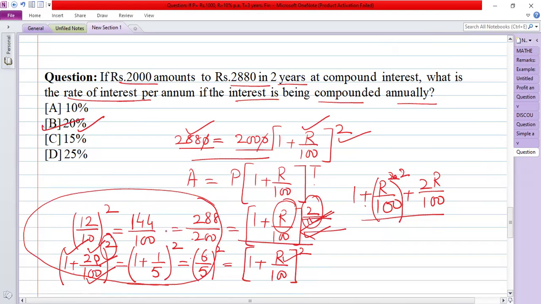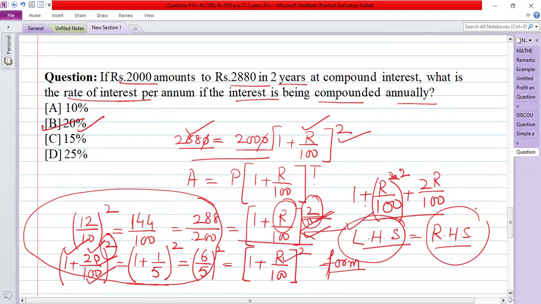Sometimes it is very difficult to solve a particular equation the ordinary way. So what we do is we try to make the form of the left hand side and right hand side the same. Whatever the form of the left hand side, we make it in the right hand side or vice versa. So this technique is being used here.